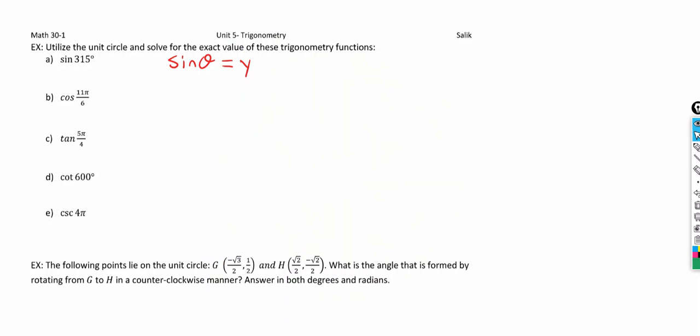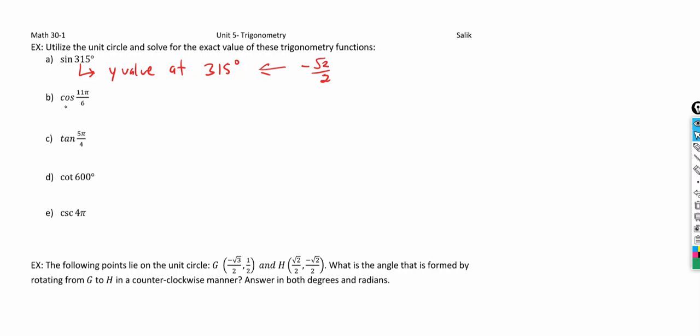So we can just say, and let's write ourselves a reminder here that this is really the y value at 315 degrees. So that was negative root 2 over 2.